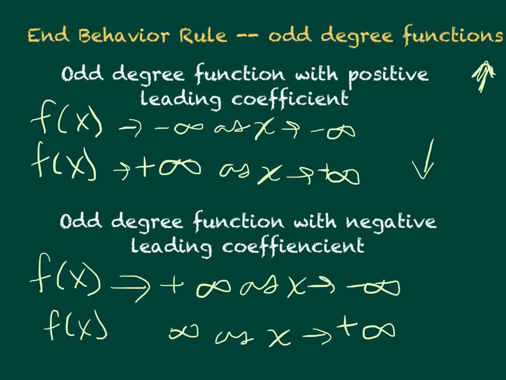Sorry, that means the function will tend towards negative infinity as x tends towards positive infinity. And so the function actually goes in opposite directions. So x is going negative, x is going positive. Here, in the picture, x is going in the negative, and x is going in the positive.